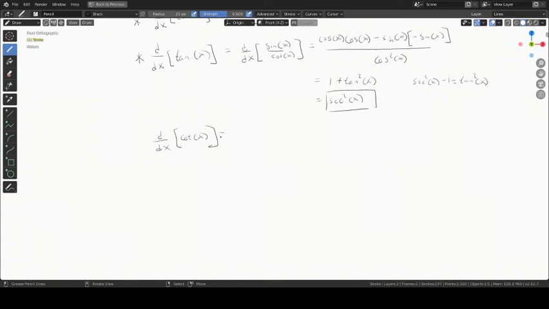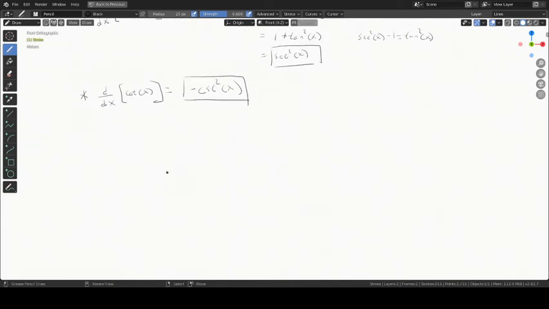With this one, you can prove it in the exact same way using quotient rule if you would like to, but I'm going to go ahead and just give it to you and get negative cosecant squared of x. Again, these are all ones that you're going to want to memorize.